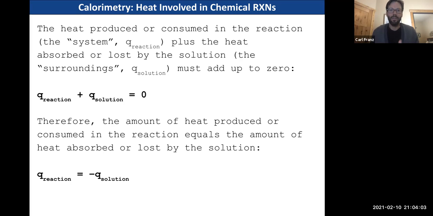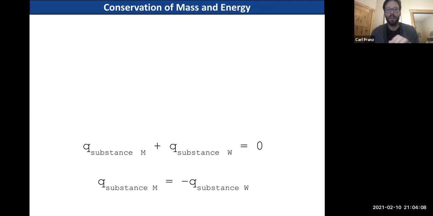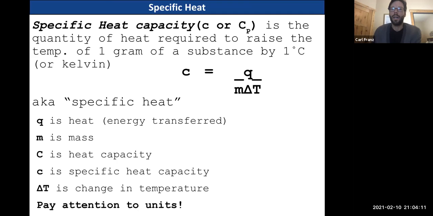Okay. And if Q is equal to, in this case, specific heat times mass times delta T, then if you have those things, you can set up a problem where the specific heat and the mass and the change in temperature of the reaction is equal to the negative specific heat, mass, and change in temperature of the solution, right?